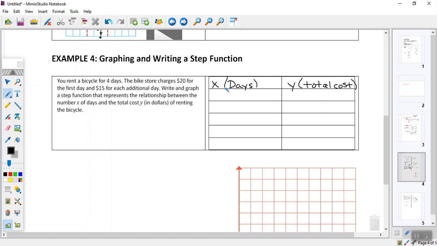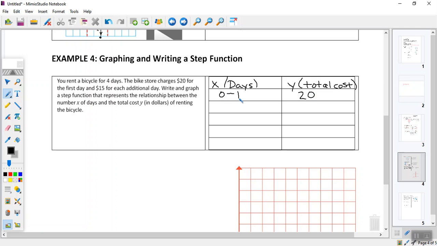What's the cost going to be on that first day? 20 bucks. Now, when I walk in there, it's like time just started. I was at 0, and I go all the way up to 1 day. So for X from 0 to 1, you're paying $20.